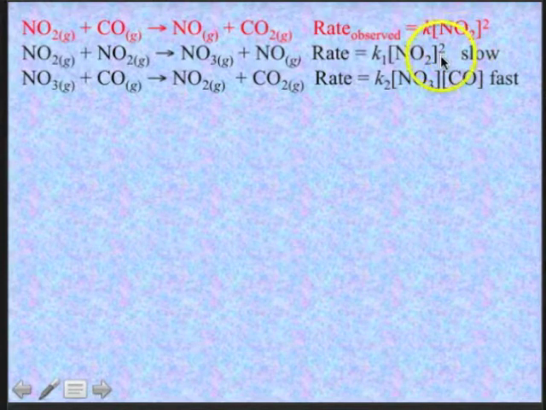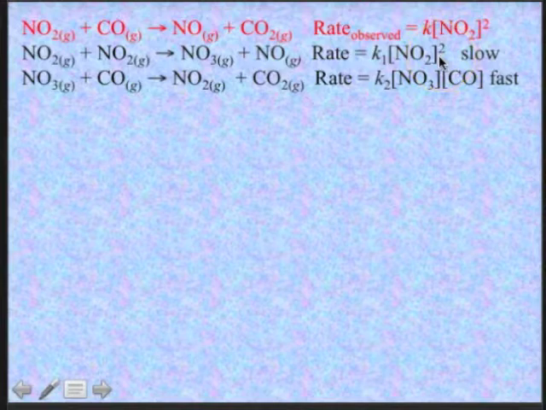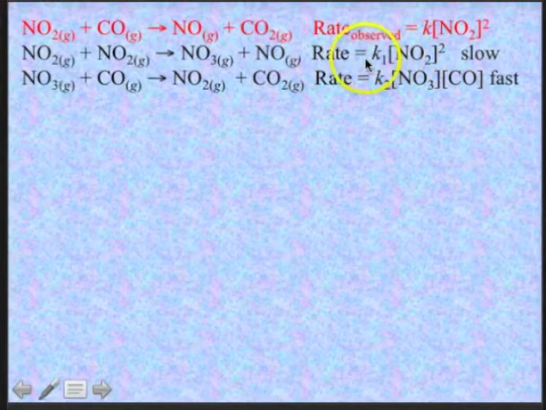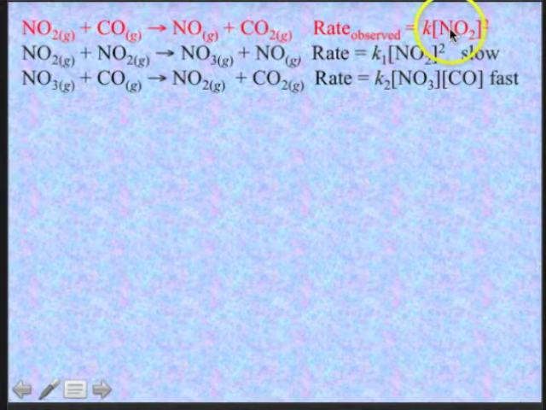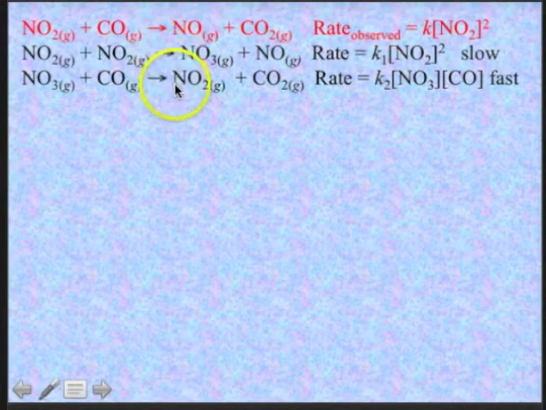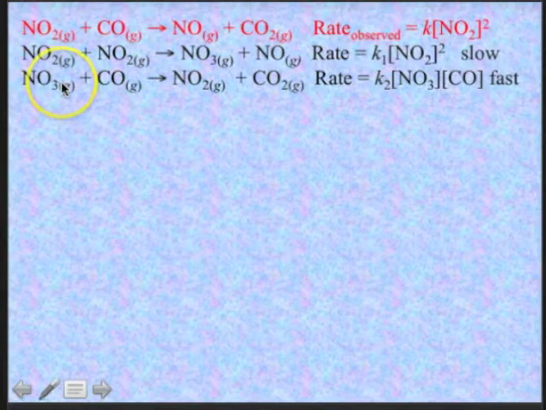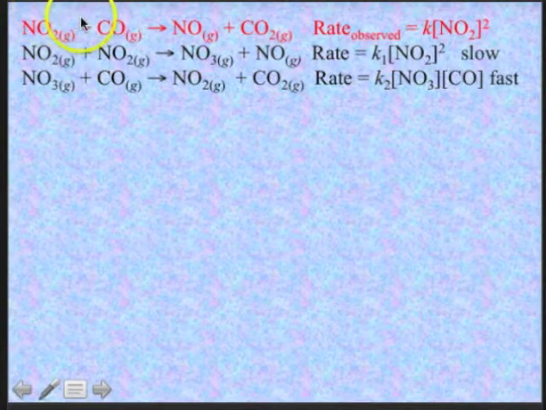Only the slow step in this situation is going to do that. So it turns out that our elementary reaction happens to coincide with what we observed in the laboratory, and that validates this particular idea of these two elementary reactions being the mechanism for this overall reaction.